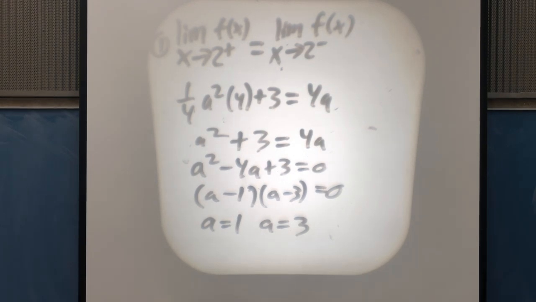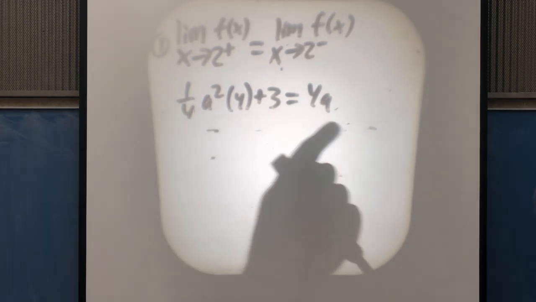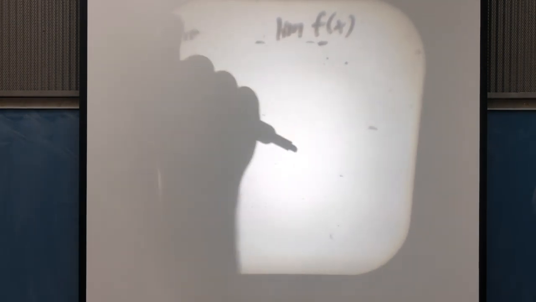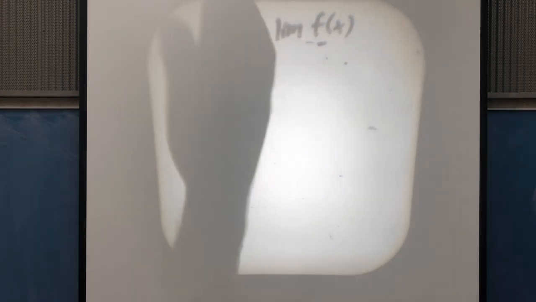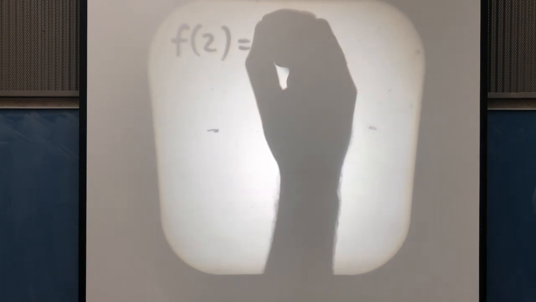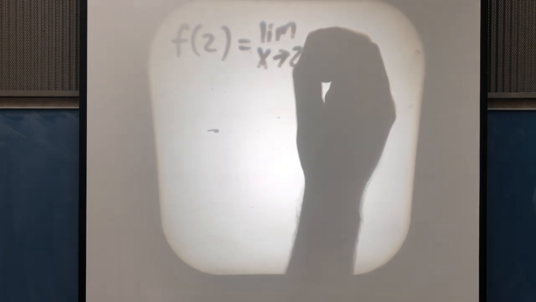But a equals 1 and a equals 3 may not work for f of 2. So to see what works for f of 2, I have to set f of 2 equal to the left hand limit and the right hand limit. I'm going to start with setting it equal to the left hand limit. So f of 2 equals the limit as x approaches 2 from the left.